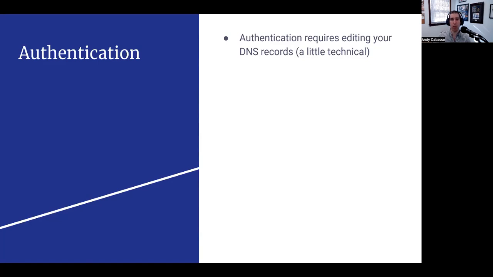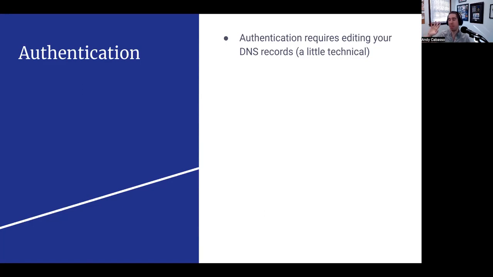These are records that, when you set up a domain or add a mail to it through Google Workspace or Microsoft or Zoho, they're going to ask you to edit your DNS records. And if you're not familiar, DNS records are basically wherever your domain was purchased or set up.